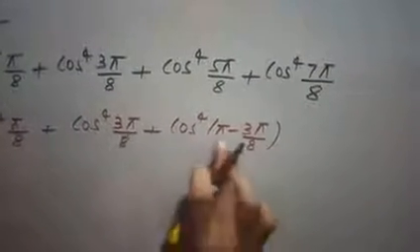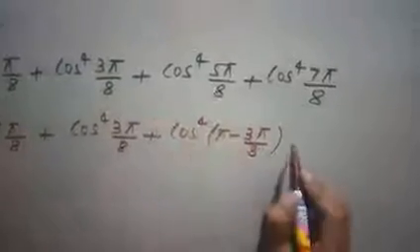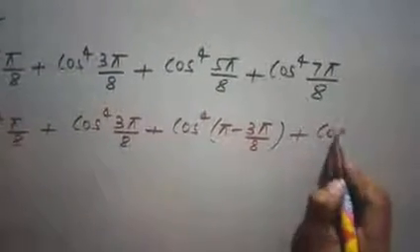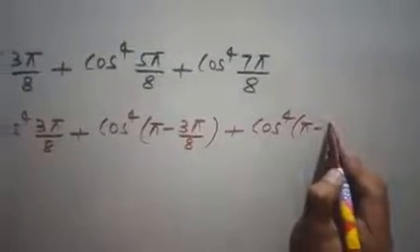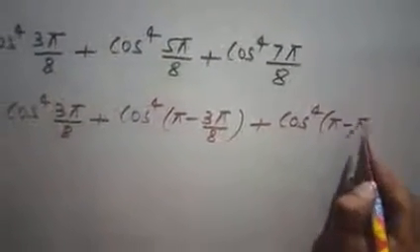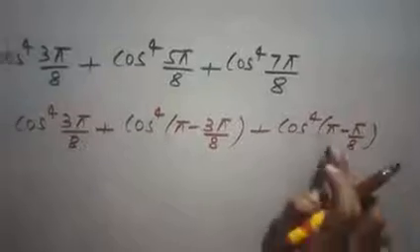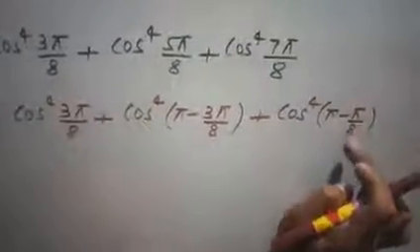Have a look, 8 pi minus 3 pi, 5 pi by 8. Similarly, this can be written as pi minus pi by 8. So 8 pi minus pi, 7 pi by 8.